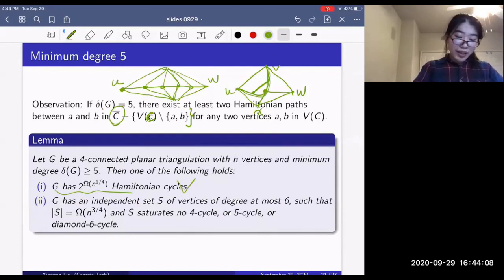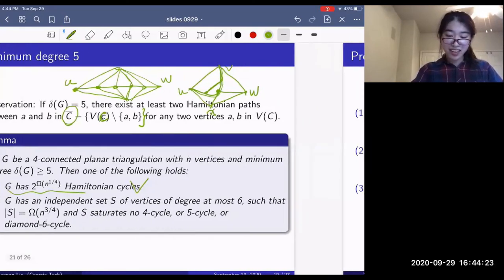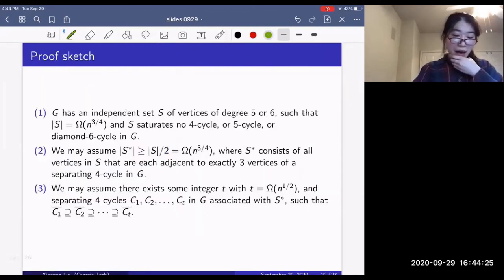Now we consider the independent set. We can get an independent set of large size that saturates no 4-, 5-, or diamond 6-cycle.